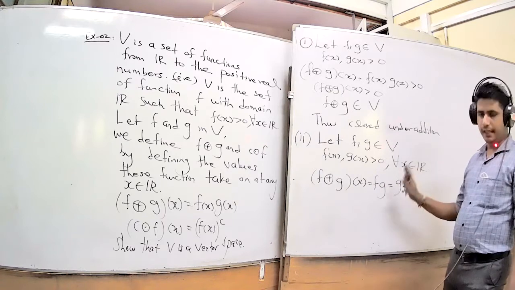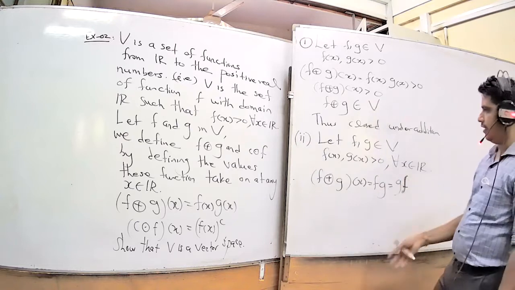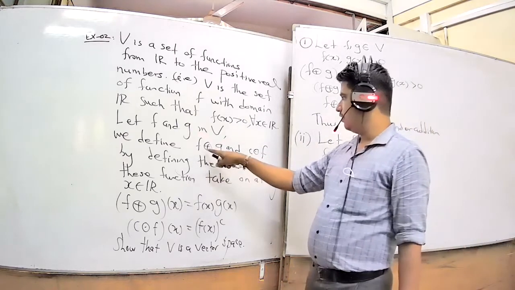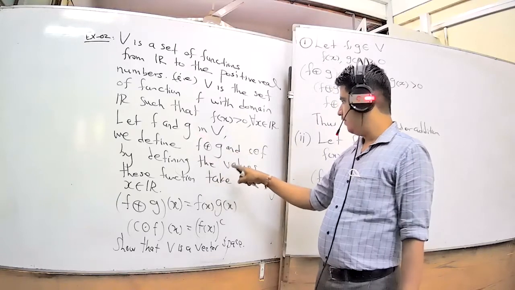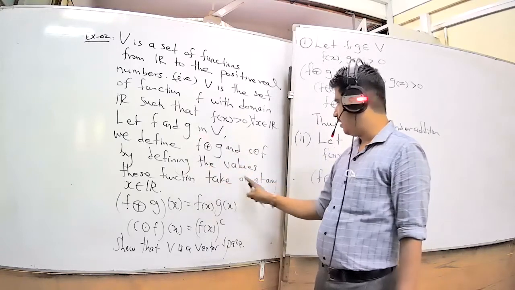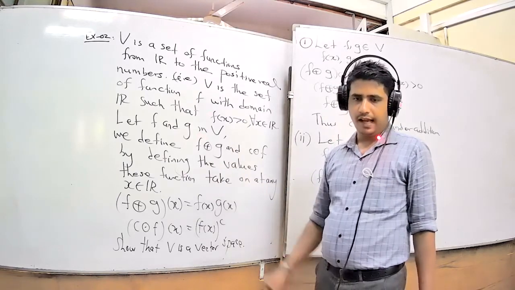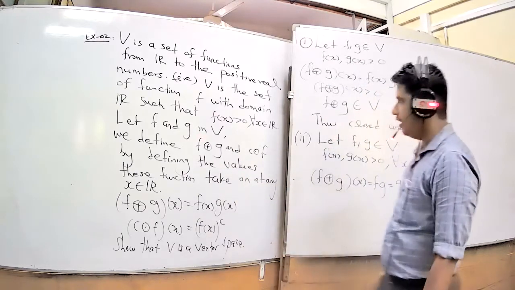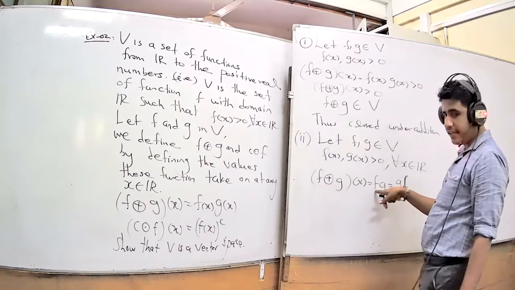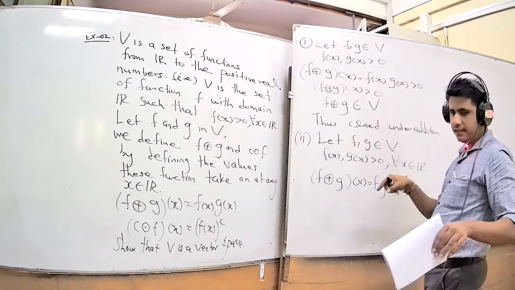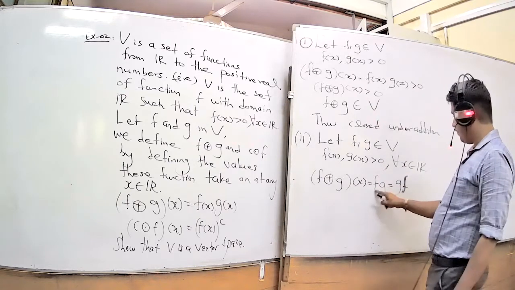Here for the particular case, you get the definition like this. This is a vector addition and scalar multiplication defining the values this function takes at any x belonging to real numbers. Then you take a particular point, and that point is not dependent on x values. Then we will write fg equals gf.